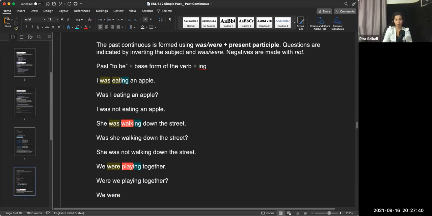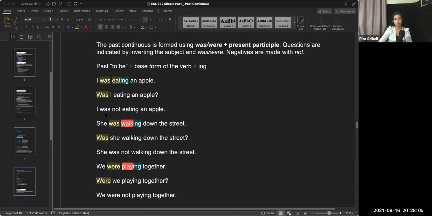We were not playing together. So again, in the question, we move the verb to be to the beginning of the sentence. Okay, in the negative, we put the not in the middle, between the verb to be and the ing ending. Okay.